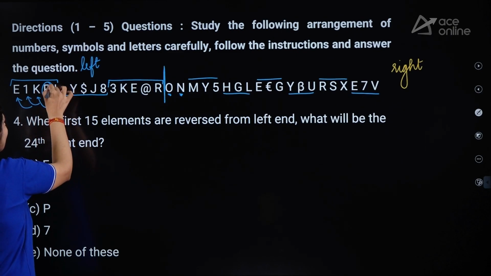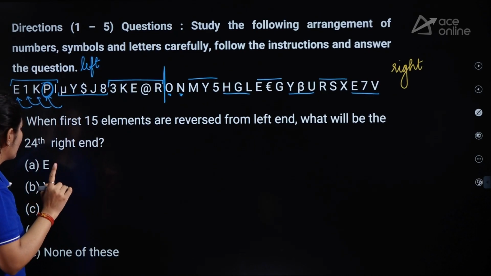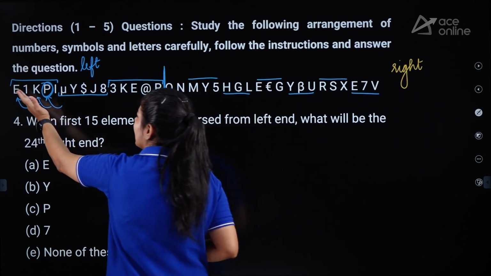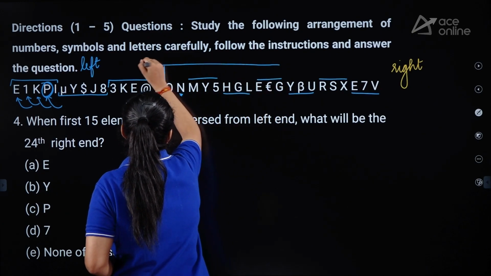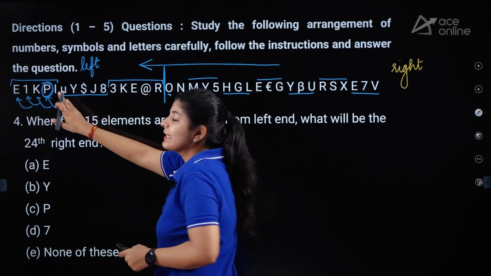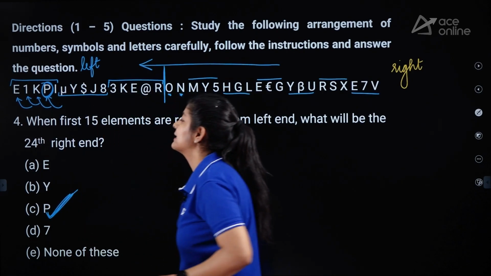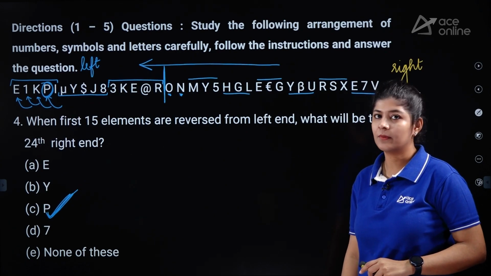So basically this element is the 24th from the right end, because these letters are going to be written in the reverse order and we have to move in this direction, right? So basically P is the 24th element. So option number C is the correct one.